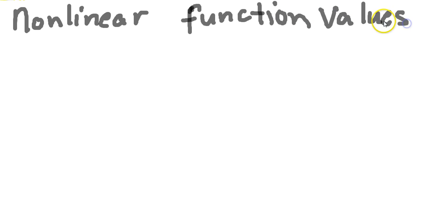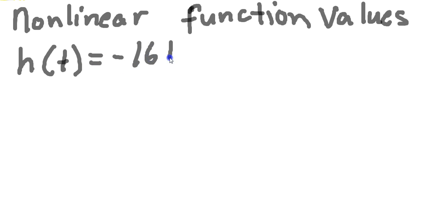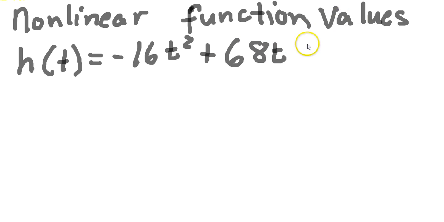So example 4 is talking about physics. The function h of t, so we don't always have to use f of x. We can use different variables. You have h of t in this instance, because the variable throughout the equation is a t instead of an x. So h of t equals -16t squared plus 68t plus 2.